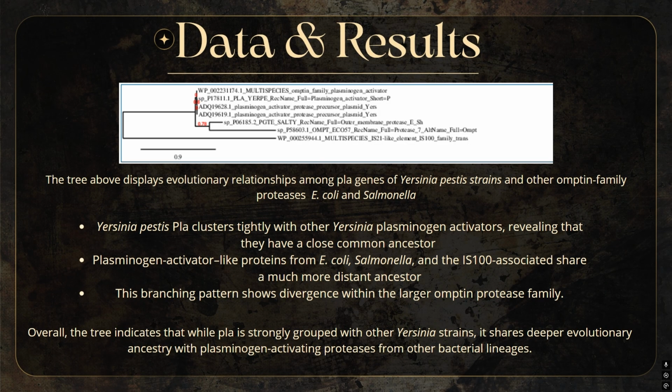So after running our sequence alignment and the phylogenetic analysis, we found that the PLA gene is almost identical in all 4 Yersinia pestis strains we looked at: 91001, C092, C2614, and C2944.